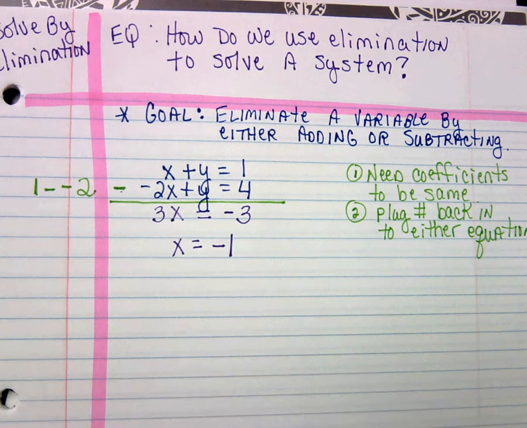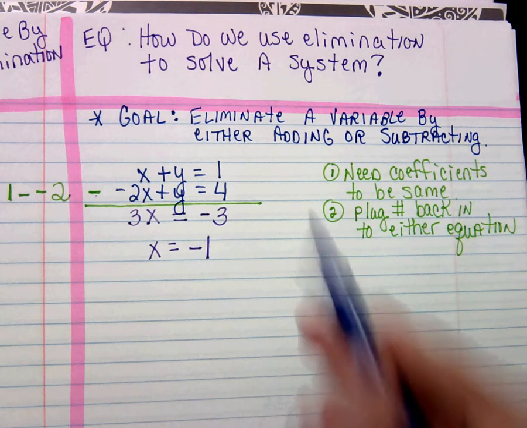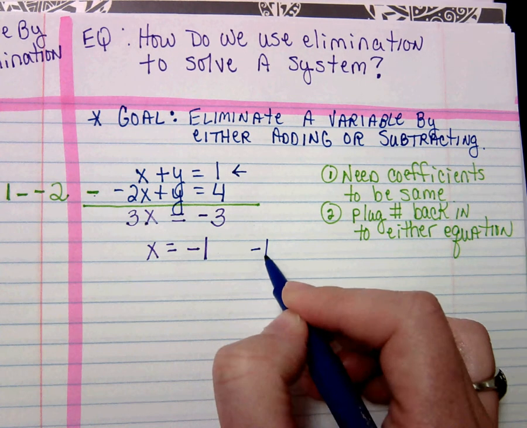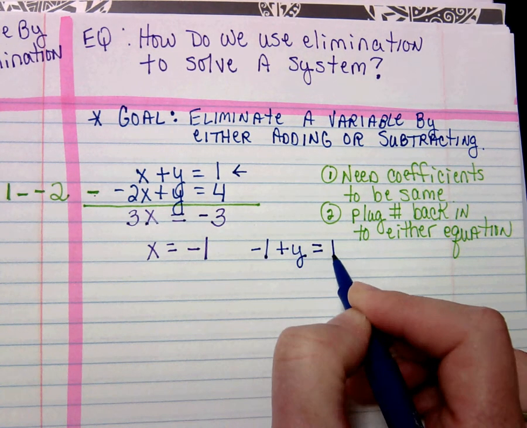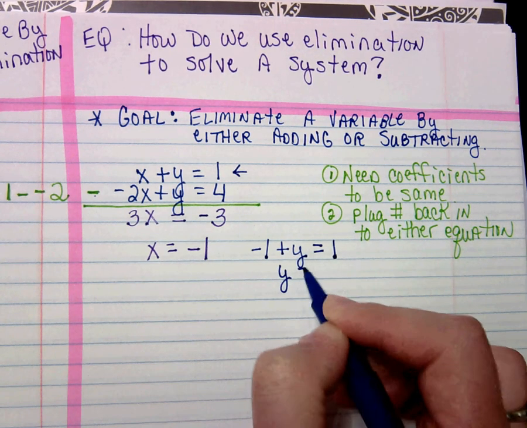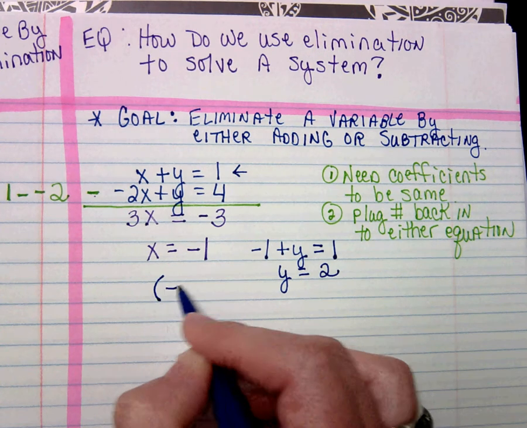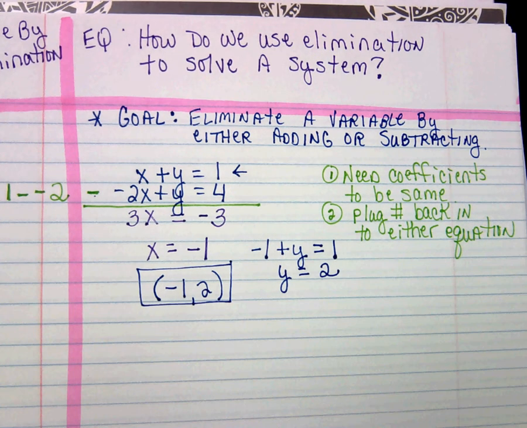So this one looks the easiest to me. So I'm going to say -1 plus y equals 1. And we know that we add 1 to both sides and we get 2. So our solution is -1, 2. The elimination method is by far my favorite. I think it's the easiest to do.